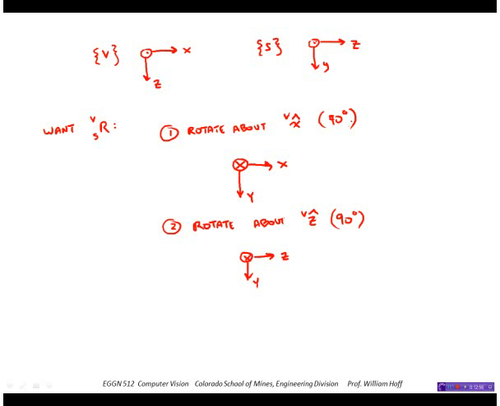So the final rotation matrix will be this by 90, this is 0, this is 90.